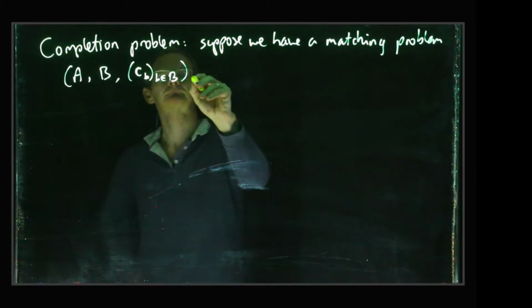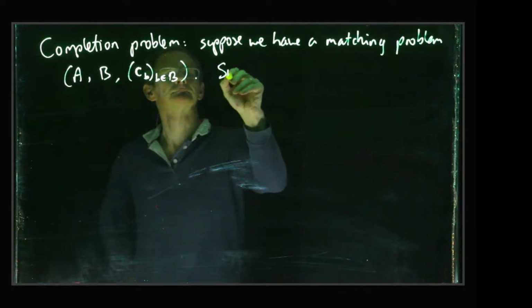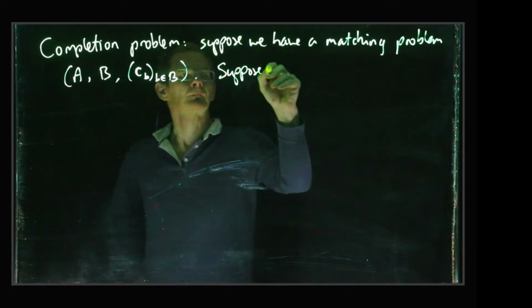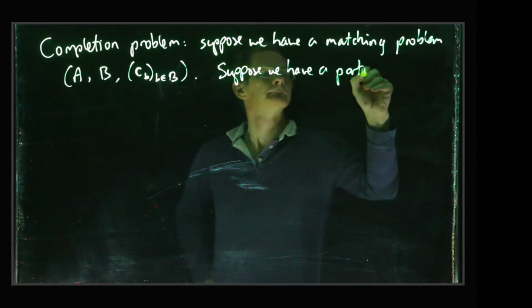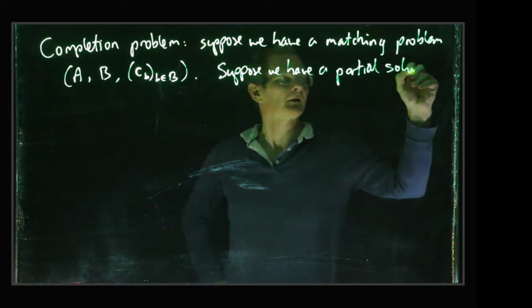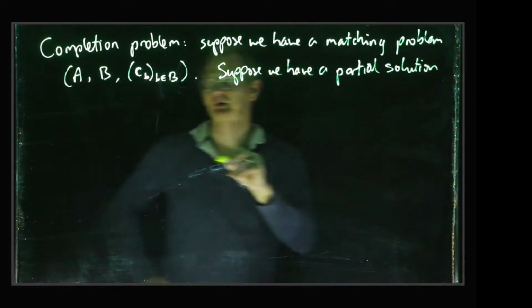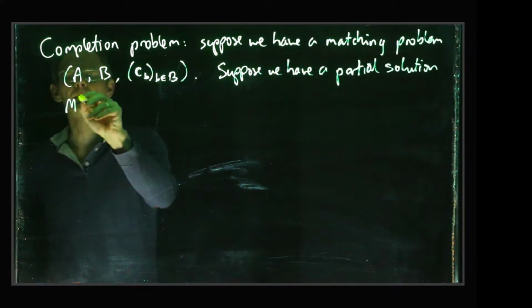And now suppose we have a partial solution, which I'm going to call, say, M prime.